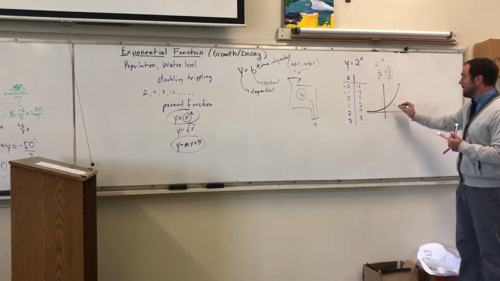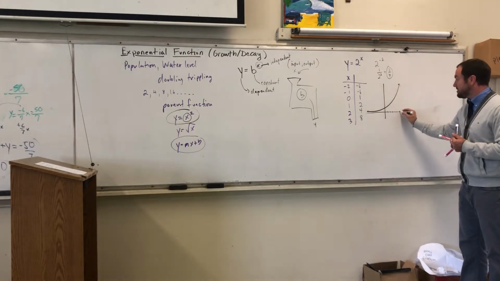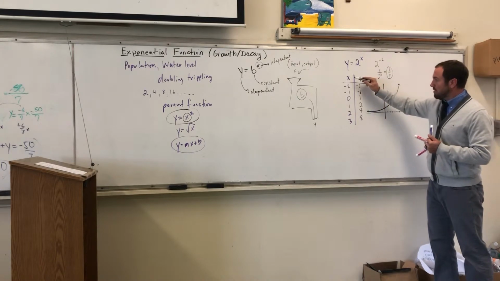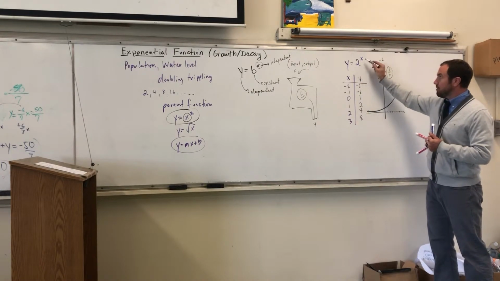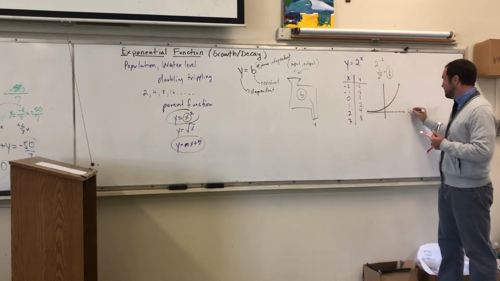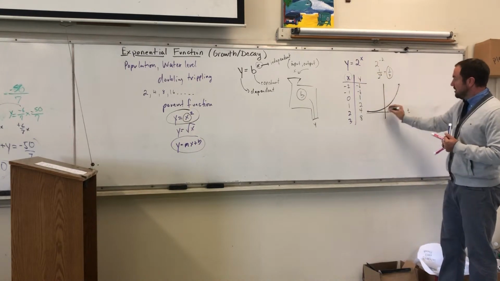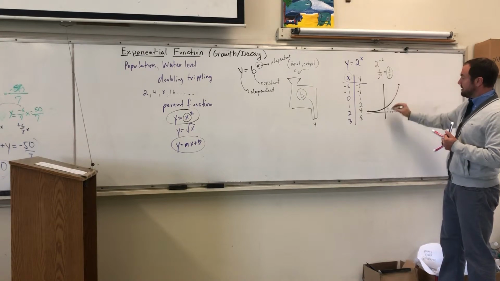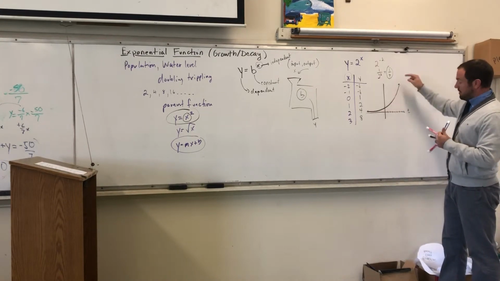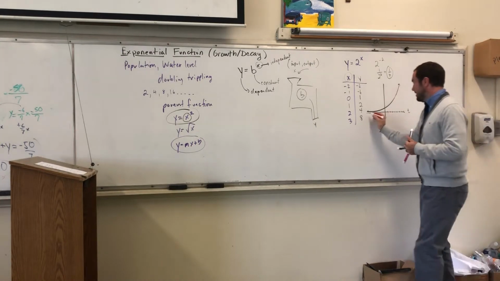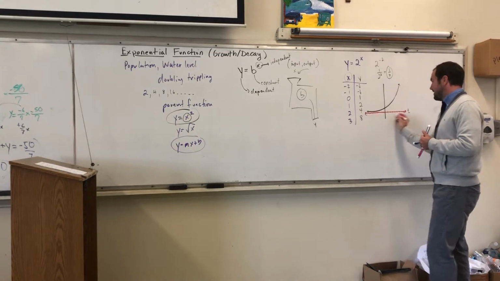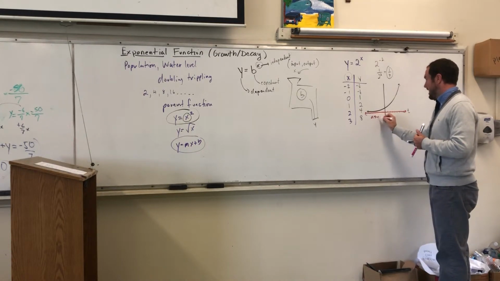So it's going up, and a lot of what we deal with when we deal with exponential functions is usually this idea of time, and as time goes on, that's having a greater impact, and it's increasing at an increasing rate. Now the other thing you have to consider is what we call here, and in this case, the x-axis becomes an asymptote.